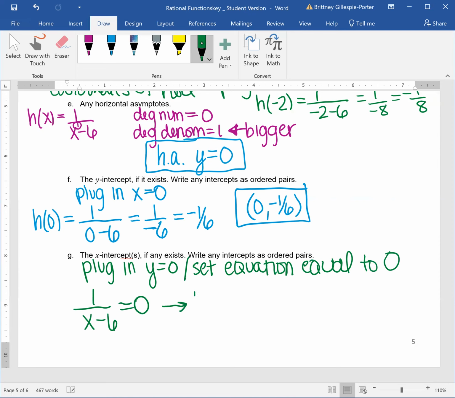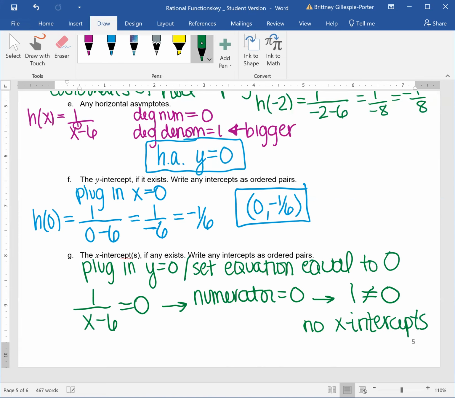So we're only looking at the numerator equal to 0. And we have 1 equal to 0. 1 is never going to equal 0. And because we don't have anything to solve for, that means that we have no x-intercepts. And that happens quite frequently when your horizontal asymptote is y equal to 0.